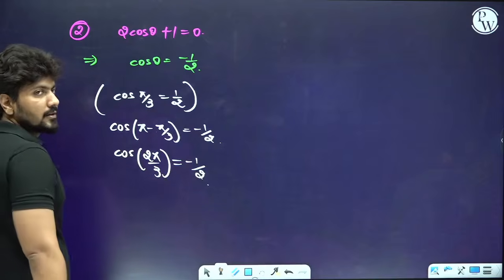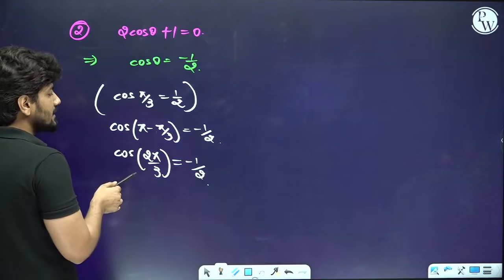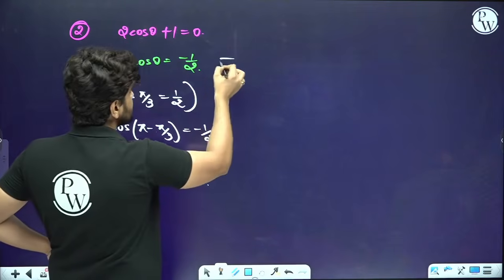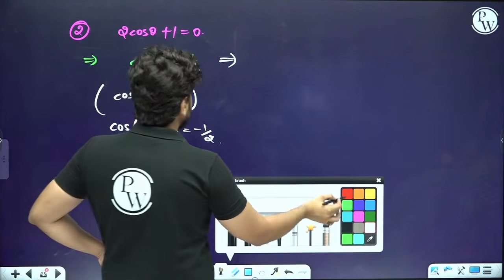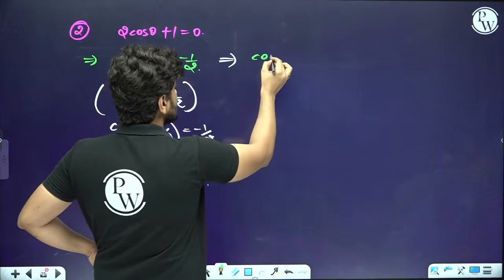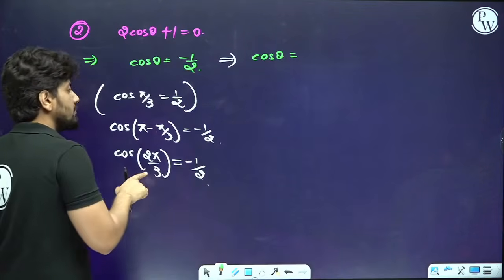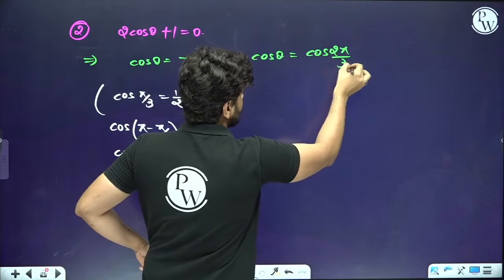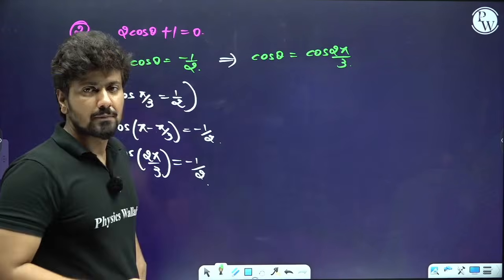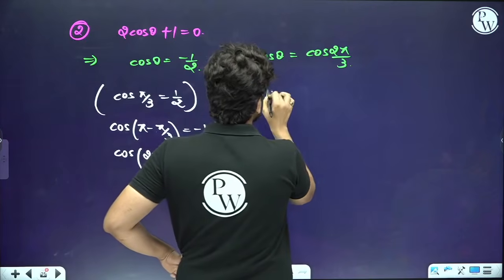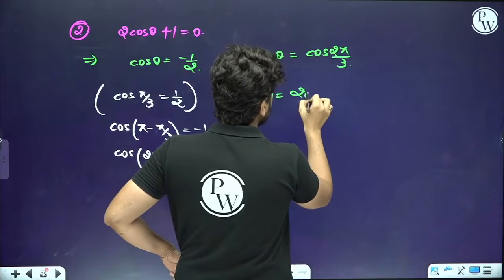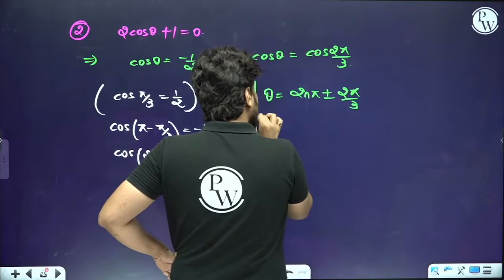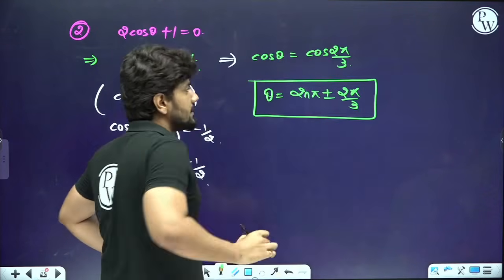We know this. So now you can write minus 1 by 2 as cos of 2 pi by 3. So now we have that form, cos theta is equal to cos alpha. So theta will be equal to 2n pi plus minus alpha, which is 2n pi plus minus 2 pi by 3.